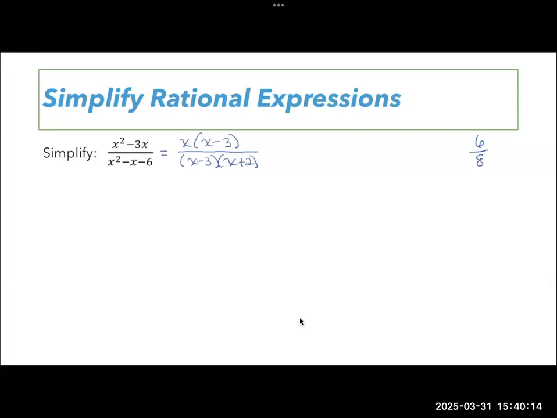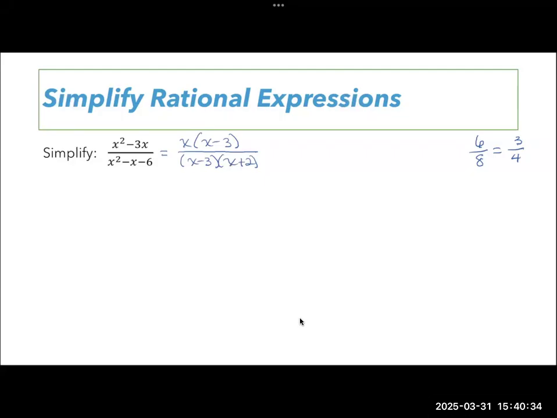In 6, we have the common factor of 2. In 8, we also have a common factor of 2. So if we cancel out or divide each of those by that 2, we simplify to a fraction of 3/4.